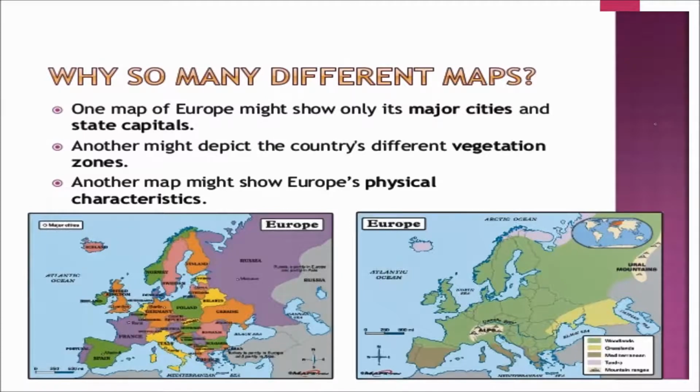One map of Europe might show only its major cities and state capitals. Another might depict. Here, depict means represent or illustrate the country's different vegetation zones. Another map might show Europe's physical characteristics.